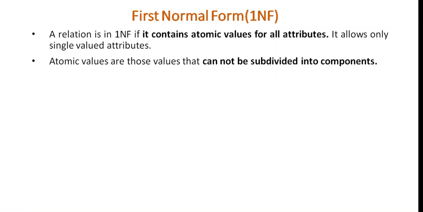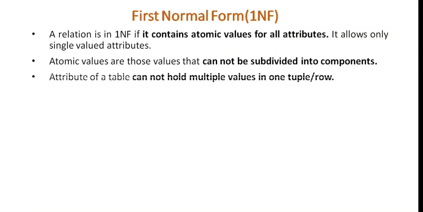Now if we consider the name of a person, then that name can be subdivided into first name and last name. So if we store first name and last name in one column, then that value cannot be called an atomic value because the column can further be divided into subcomponents. So this is the concept of atomic values.